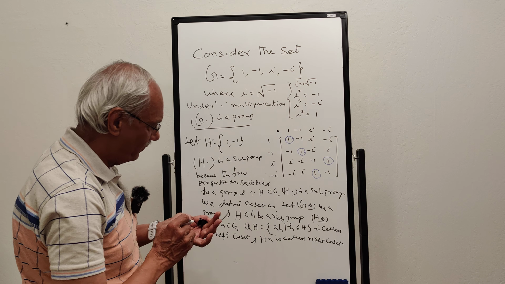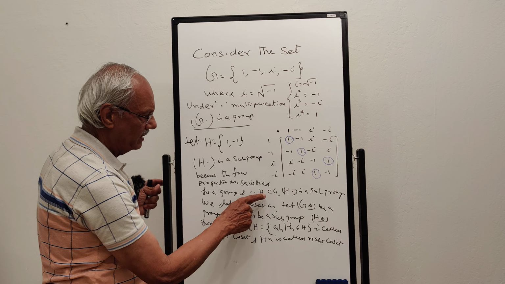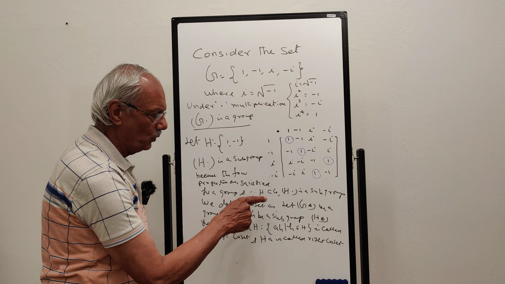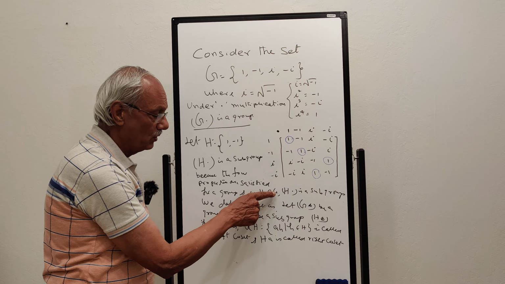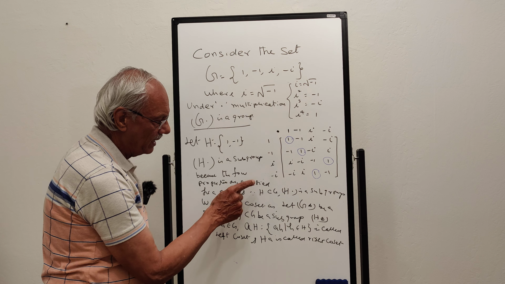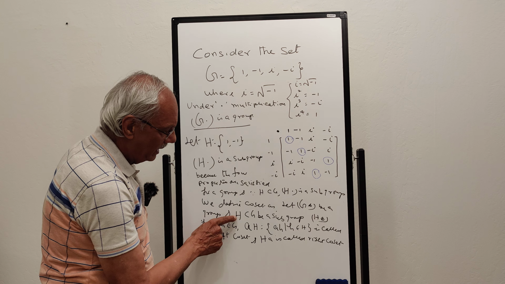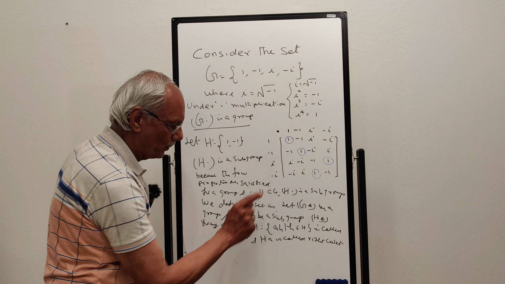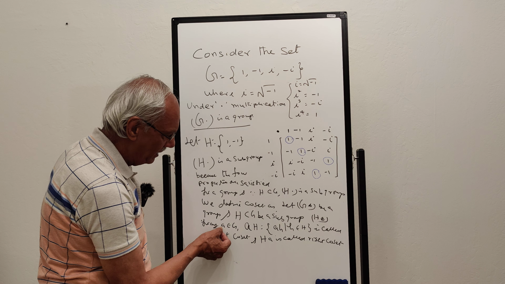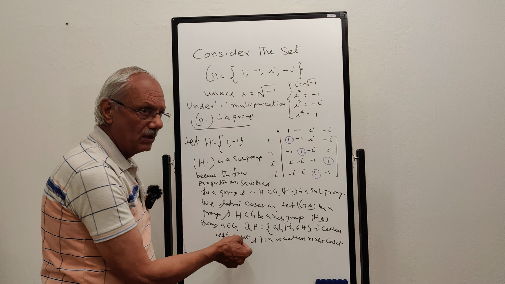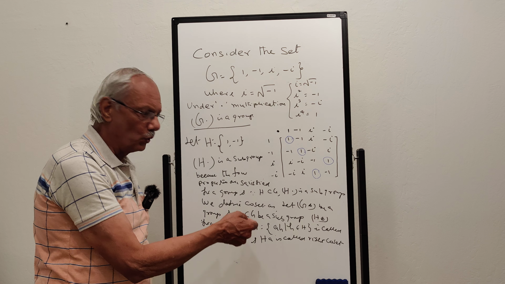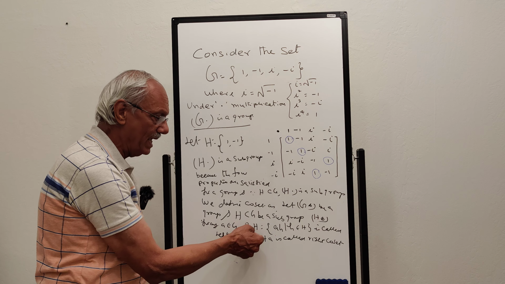So you see how I define this coset. I take the group G and consider a subgroup H under the same operation. I take an element A in G and form AH.